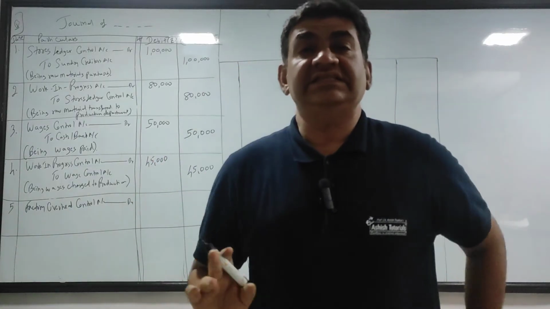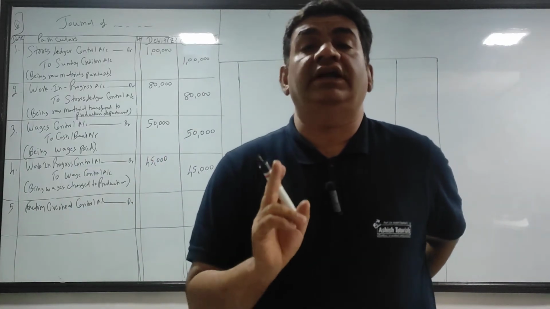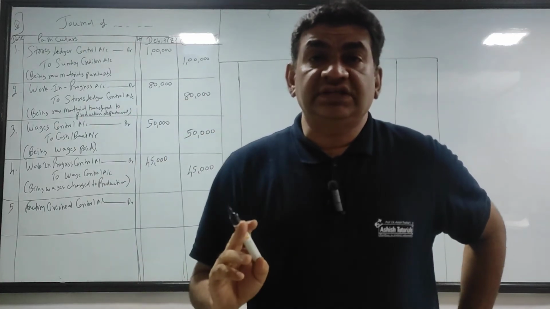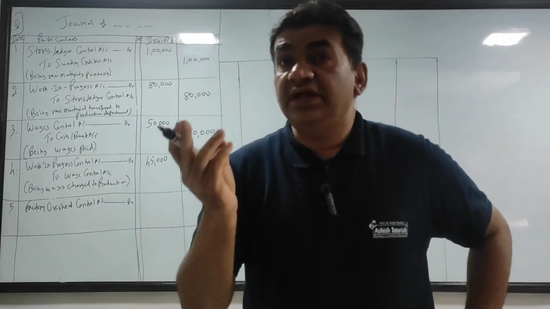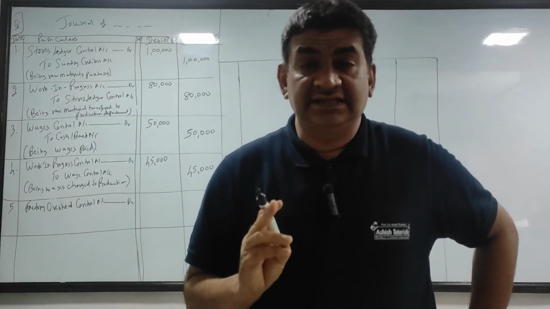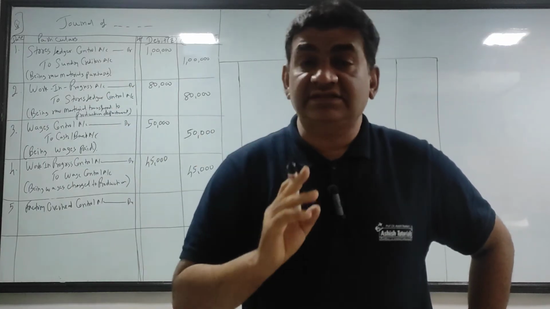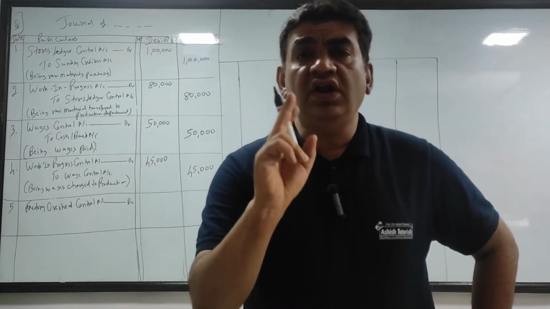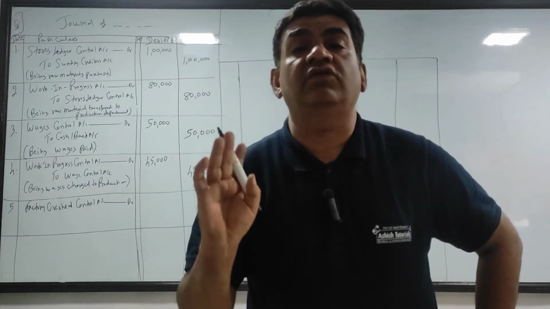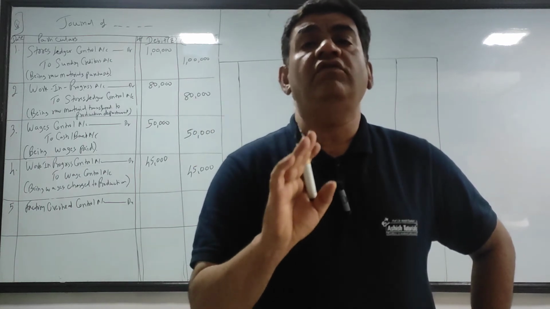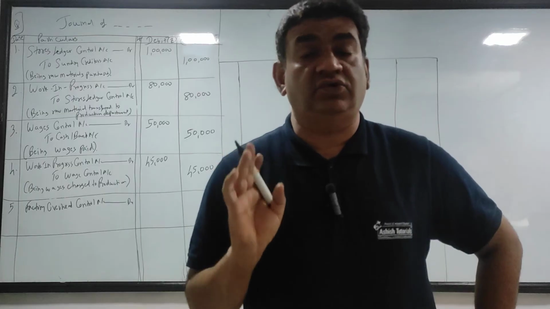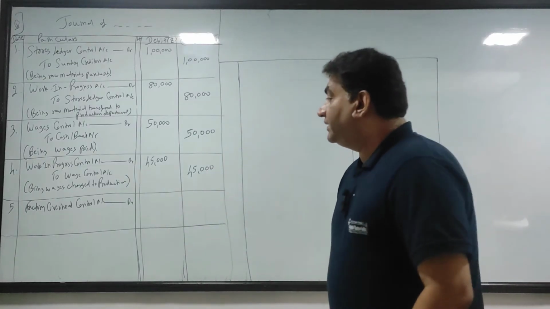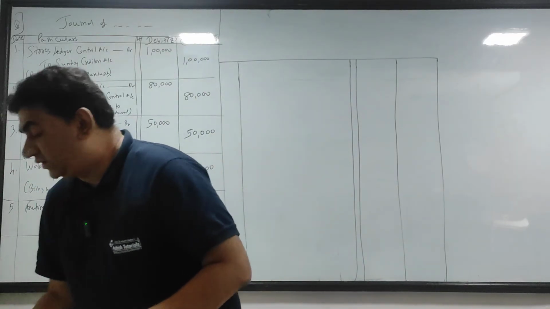All factory expense का single account आएगा factory overhead control account. जैसे कि there is factory supervision, then there is depreciation on factory assets, wages paid to the supervisors, other factory expenses, all will go in factory overhead.